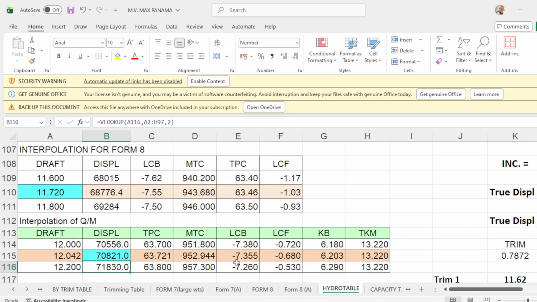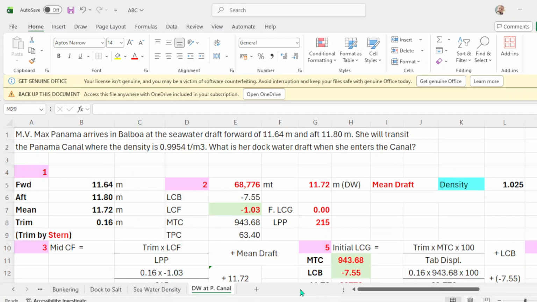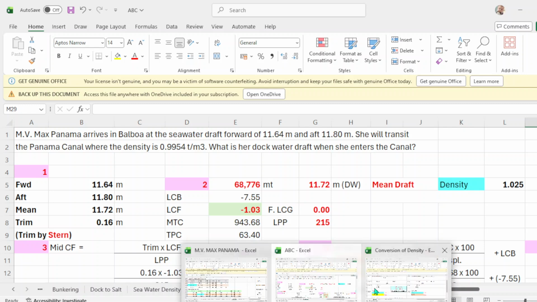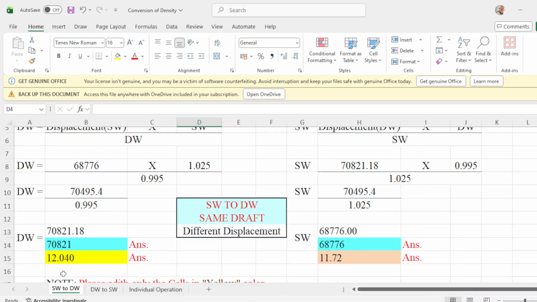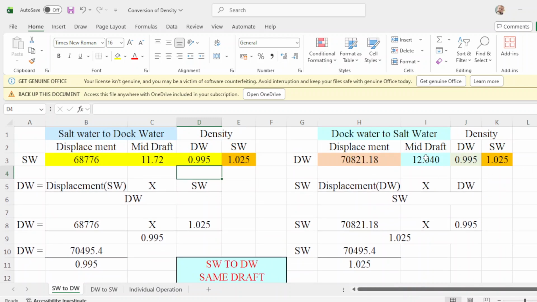Then your corresponding draft will be 12.042. 12.042. Then this one, I put also automatic from dock water to salt water.